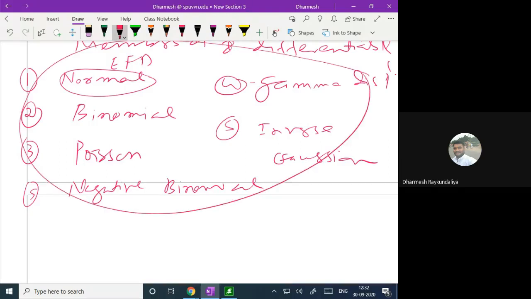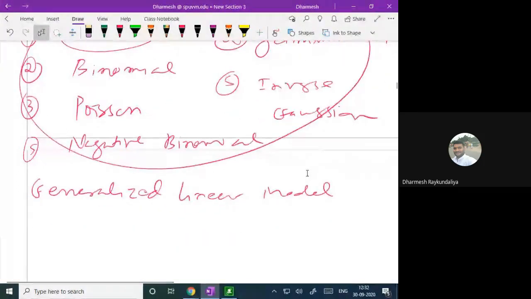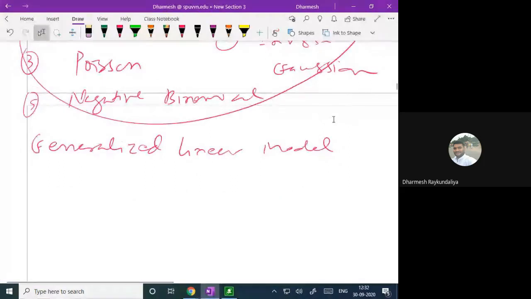Instead of the classical linear regression model, we generalize the linear model along the lines of the classical linear model. It is known as the generalized linear model. This concept was given by Nelder in 1972. Later on, Nelder and McCullagh wrote a research monograph on generalized linear models.